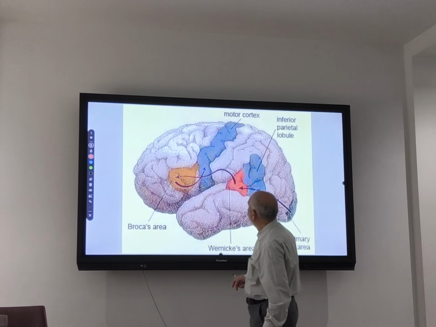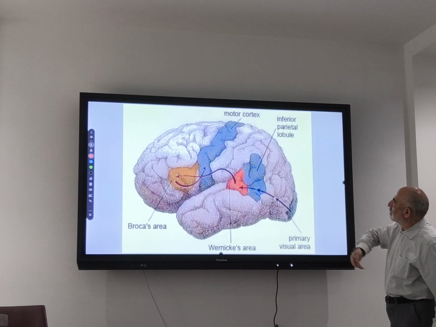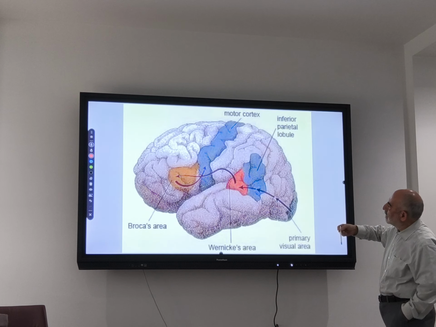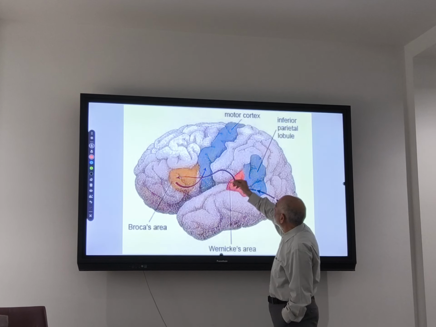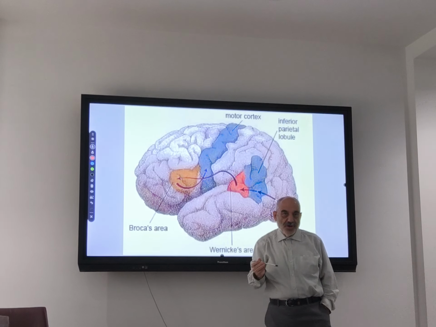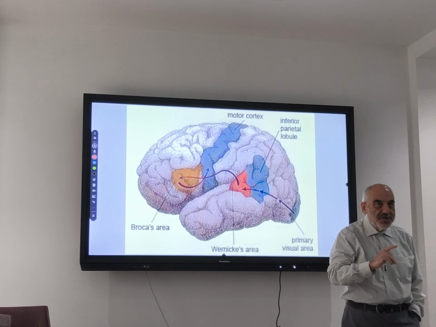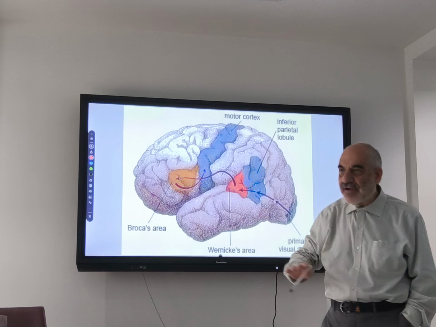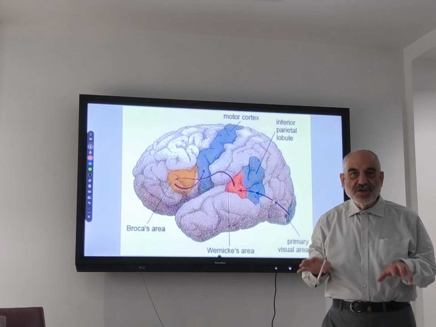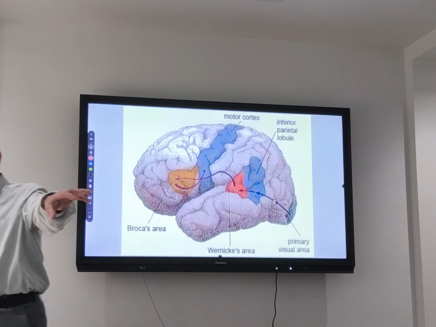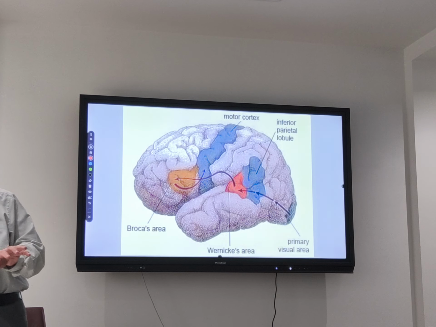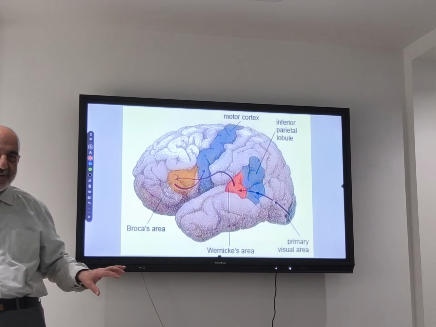And you see, this is an image of the cortex. You see, we have the motor cortex in front of the central sulcus. We have the motor cortex. Sulcus. They send information from the motor cortex to the spinal cord, and then from the spinal cord to the muscles.